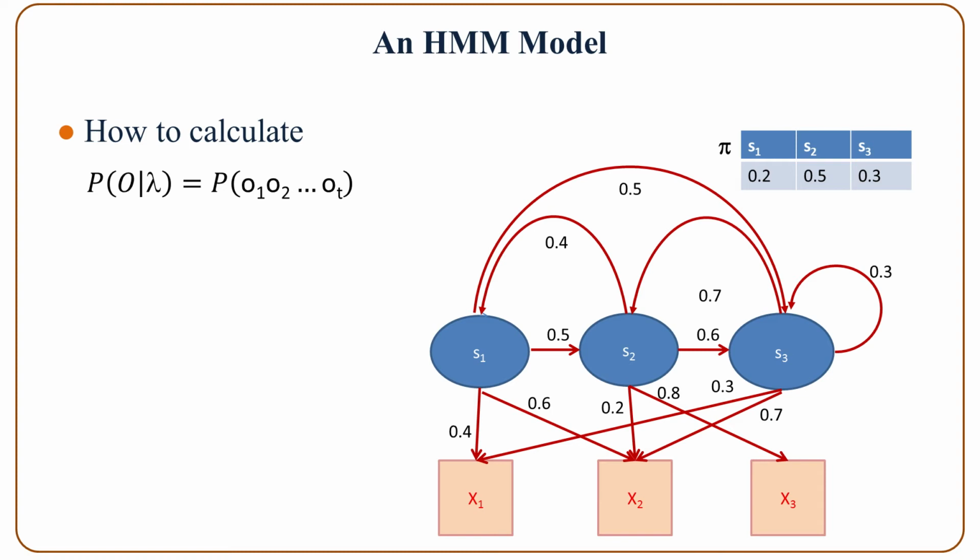Now let's look at this example. How to calculate P of O given lambda. This table provides the initial state probabilities π.